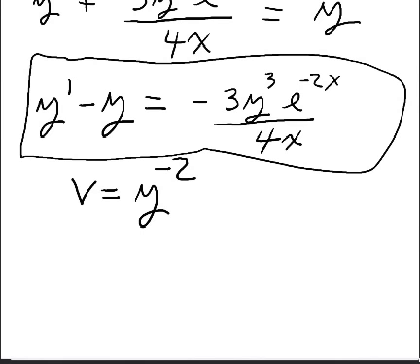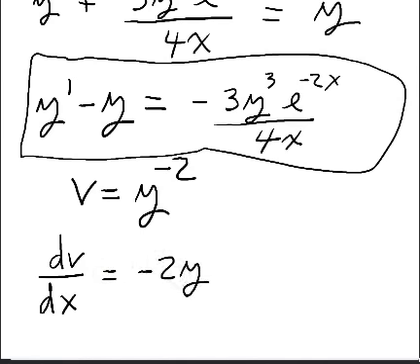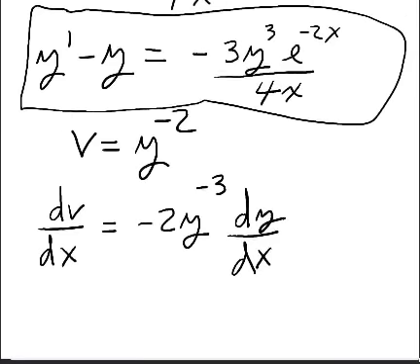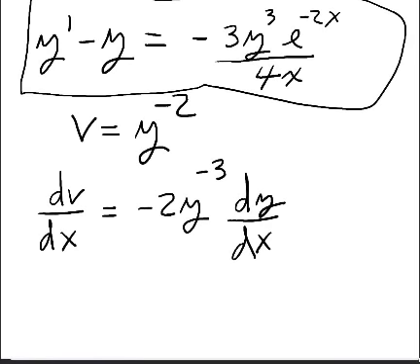Based upon this substitution, dv/dx is, by the chain rule, minus 2y to the minus 3 power times dy/dx. That's great, because now I can solve for dy/dx.